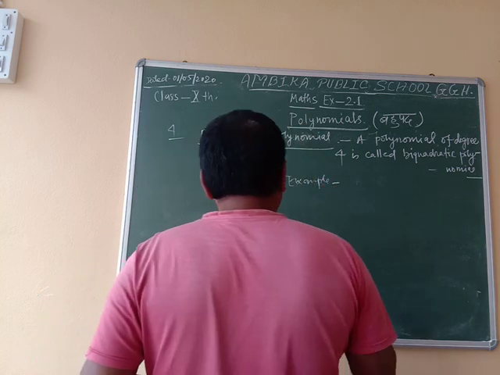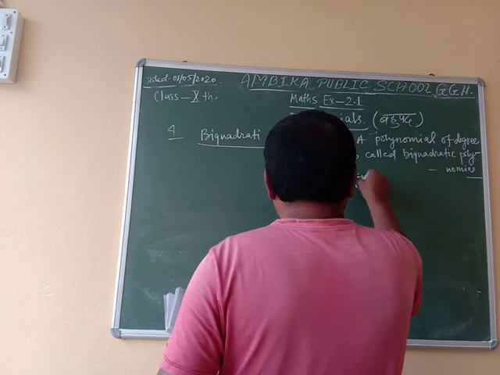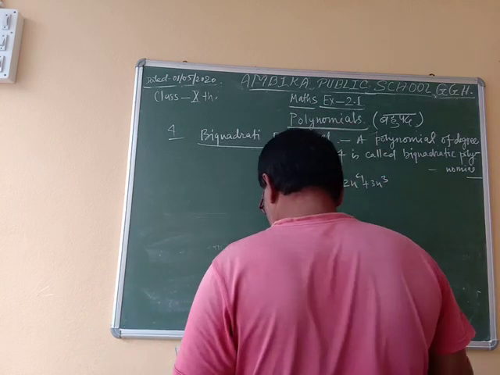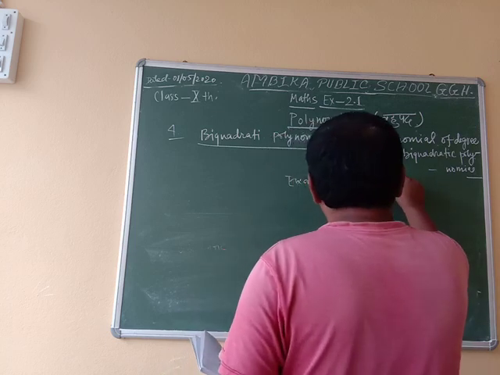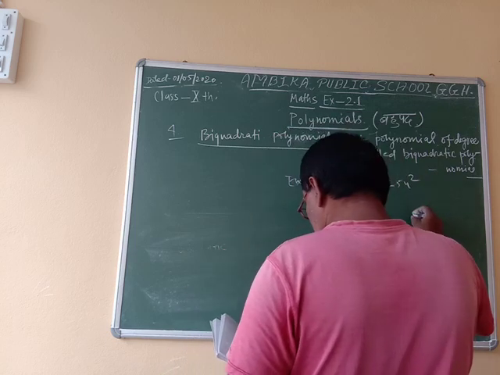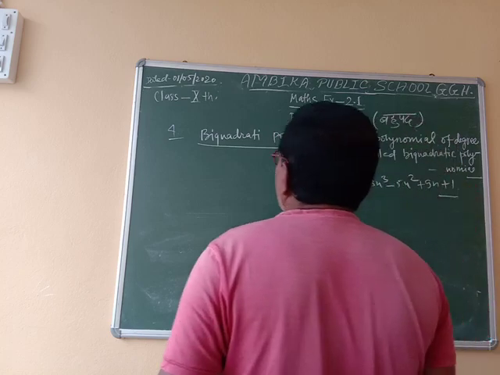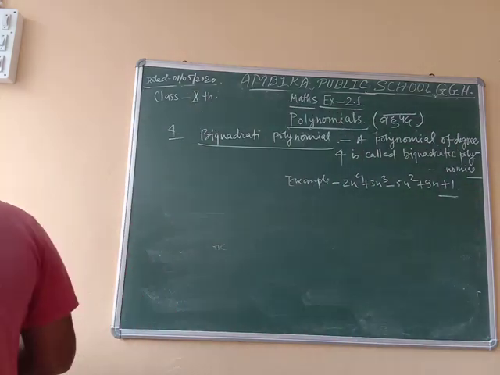Example: 2x⁴ + 3x³ − 5x² + 9x + 1 is an example of a biquadratic polynomial.